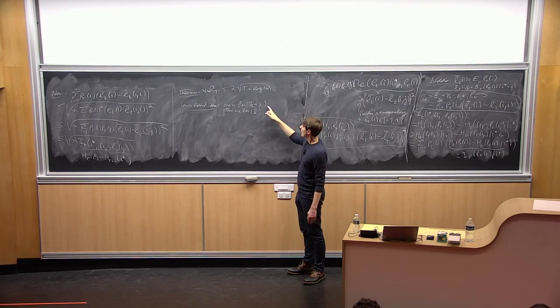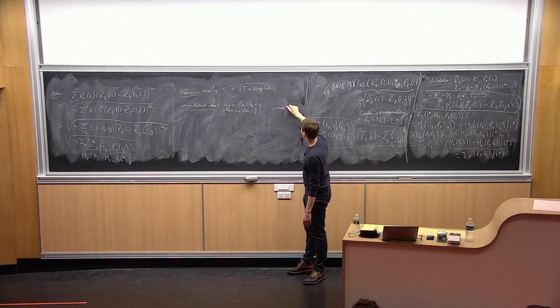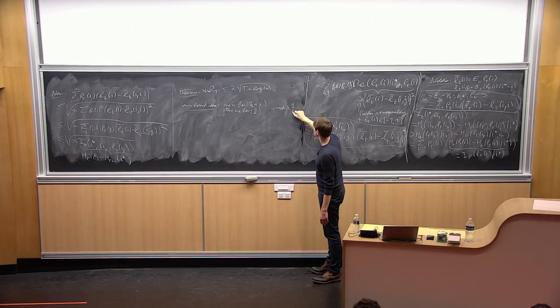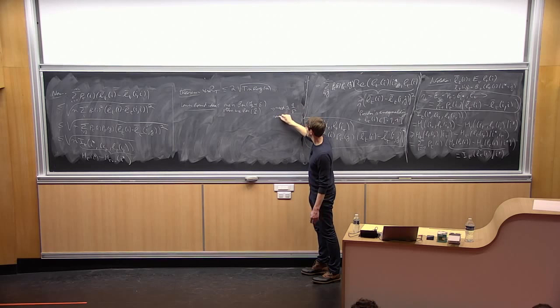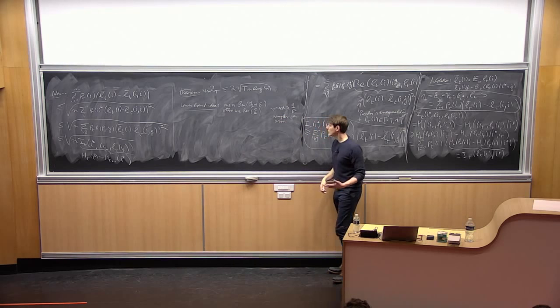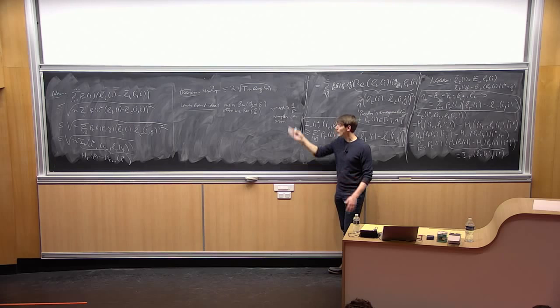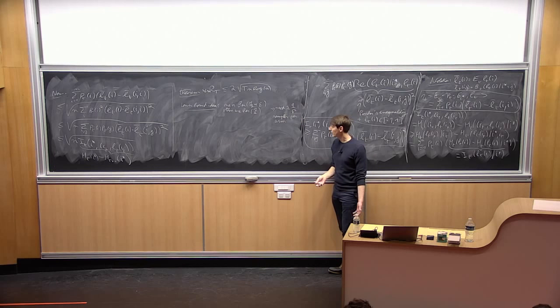So how many samples do I need to identify this? I need of order of 1 over epsilon squared samples per arm to identify which one is the guy with mean 1/2 minus epsilon.